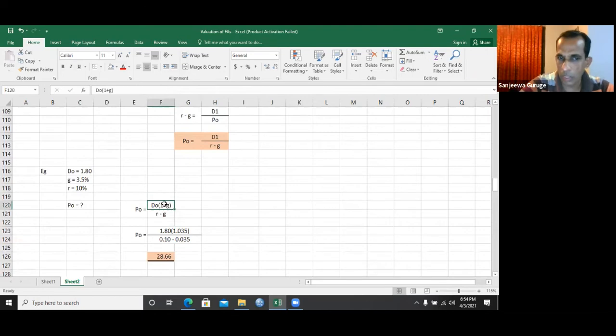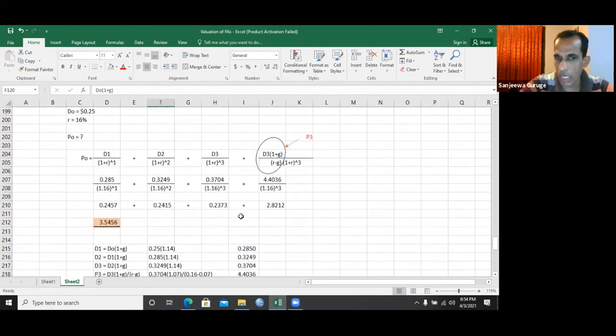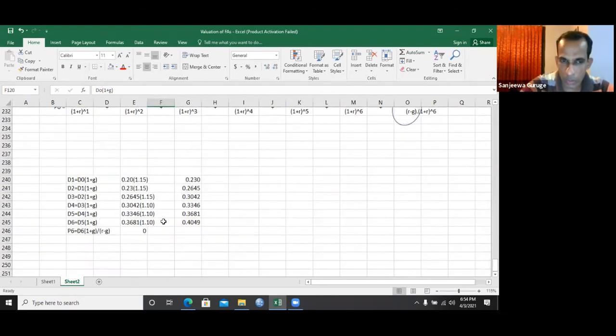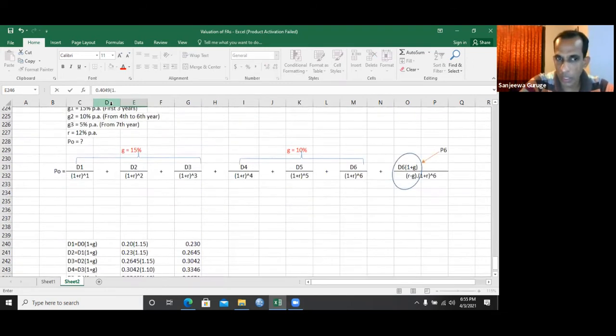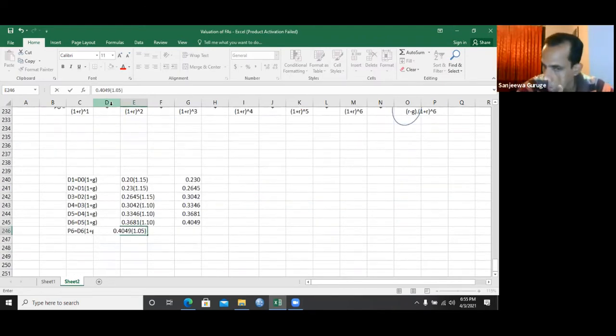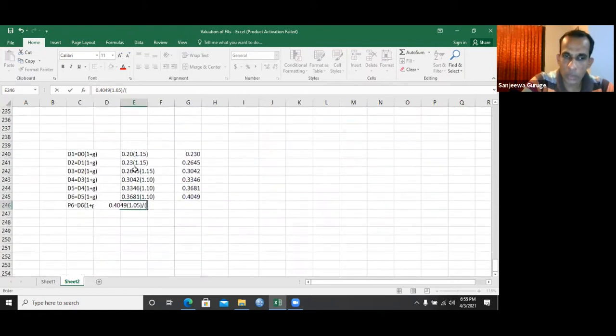D1 means D0 into 1 plus G. When the constant growth starts from the 7th year, we need D7, which is D6 into 1 plus G. D6 you calculated, it is 0.4049 into 1.05, because it is the constant growth rate, and that should be divided by R minus G. The required rate of return was given, 12%, minus the constant growth rate 5%. Then you get the price.